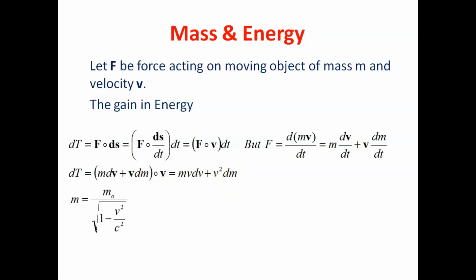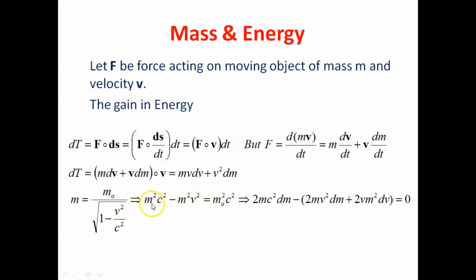Now we shall use another expression to explore the things. The effective mass, the relativistic mass, is equal to proper mass m0 divided by the square root of 1 minus v square by c square. We shall square this equation so that the square root is eliminated, and we shall have cross multiplication so that we obtain m square c square minus m square v square is equal to m0 square c square.